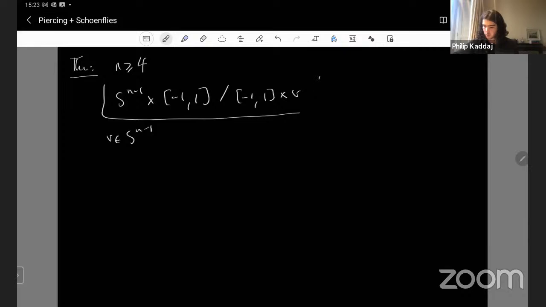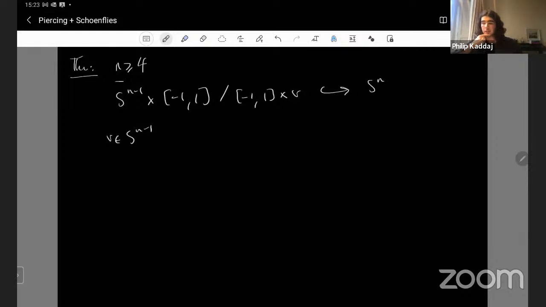So a pinched collar at P is an embedding of this, where V is in S1, in Sn.